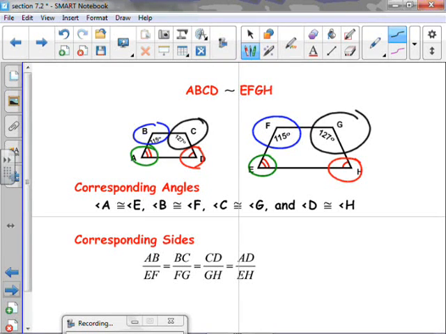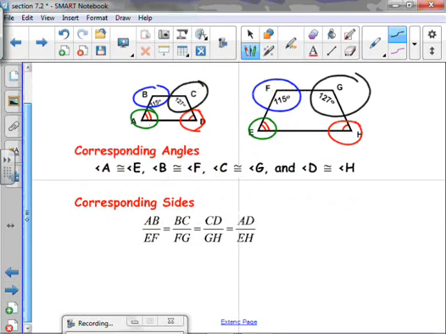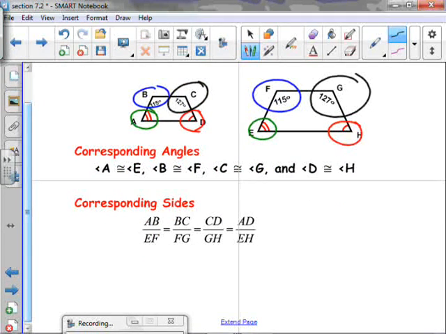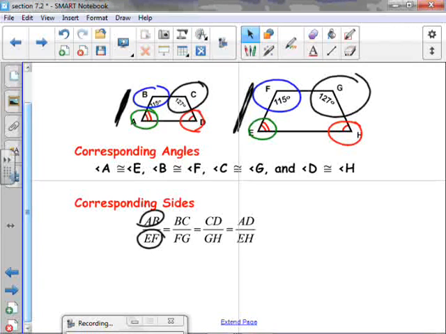Okay? And then what I'm going to do is check to make sure that the sides have corresponding length. So what that means is that I need to make a ratio. This side here compared to this side here, that is AB compared to EF, has to be the same, for instance, as CD compared to GH.